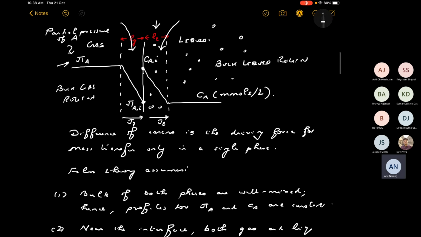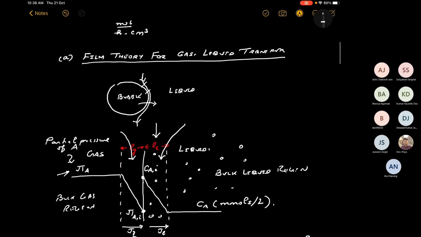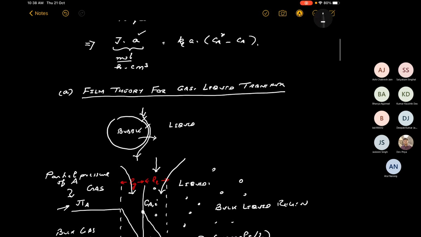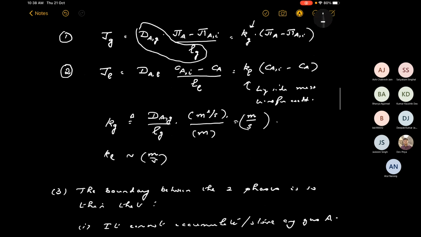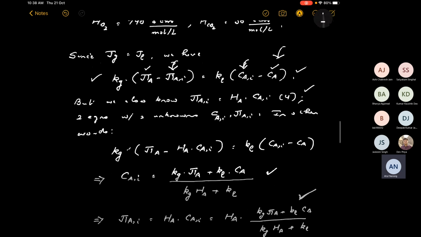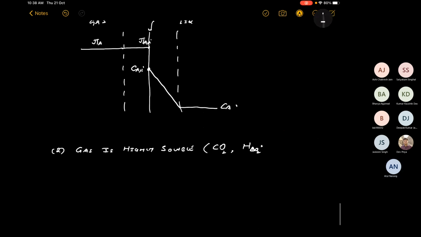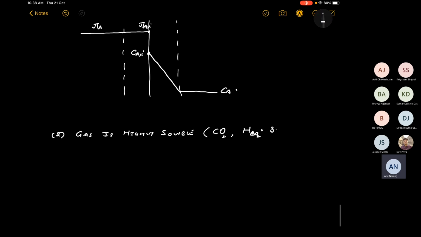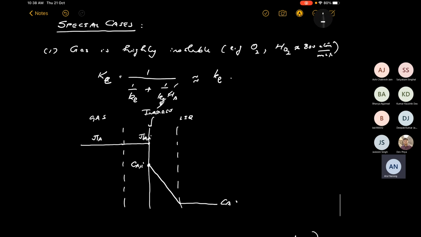I think a low number of, HCO2 is 30 atmospheres per mole per liter. So now HA is very, very small.